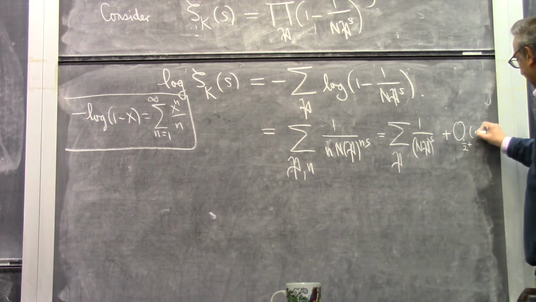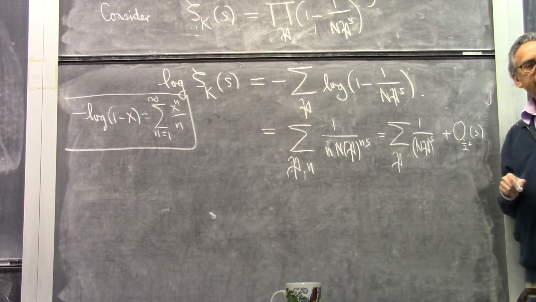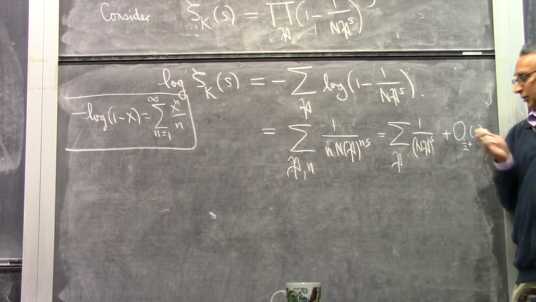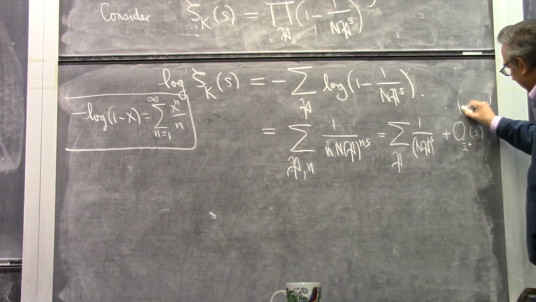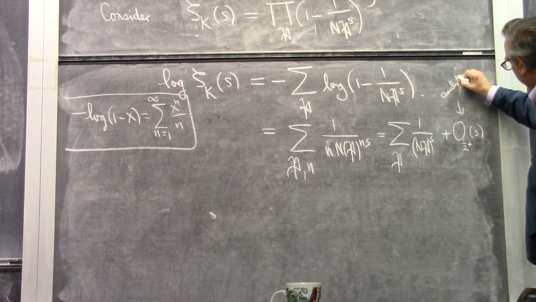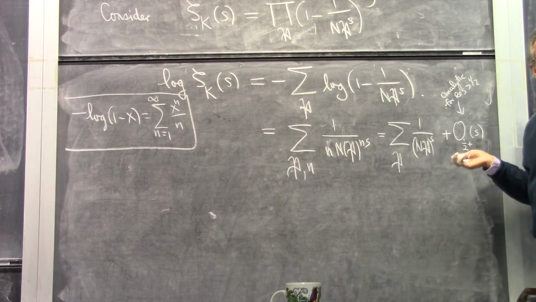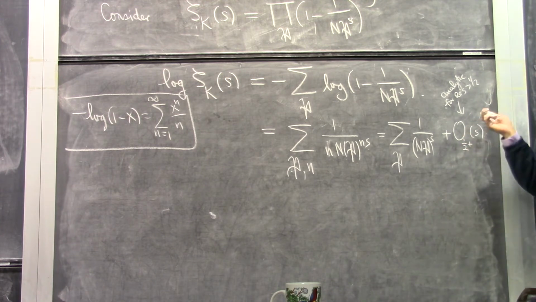So I'm going to denote this as O sub 1/2 plus s. So this notation means this is analytic for real part s bigger than a half. It's some analytic function, I don't care what it is, okay?